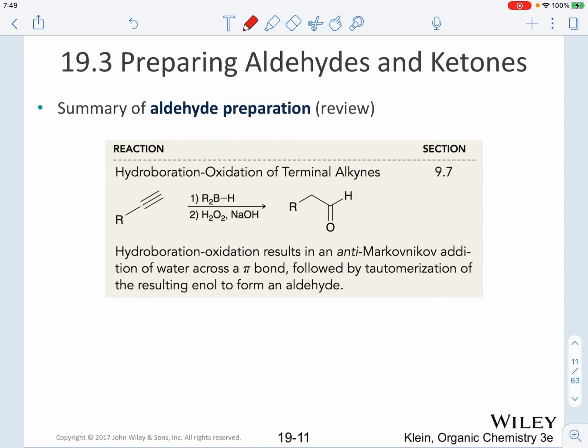So in this molecule, if I number the carbon atoms, this is carbon 1, and this is carbon 2, and carbon 2 is attached to the R group. Because it's an anti-Markovnikov addition of water across that pi bond followed by the tautomerization, that's what results in the formation of the aldehyde.